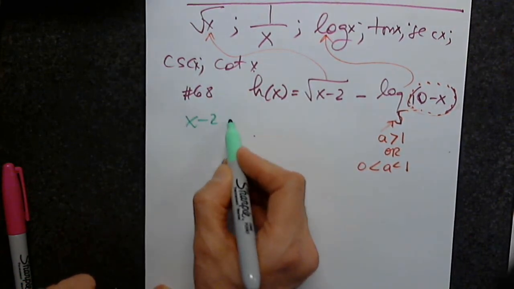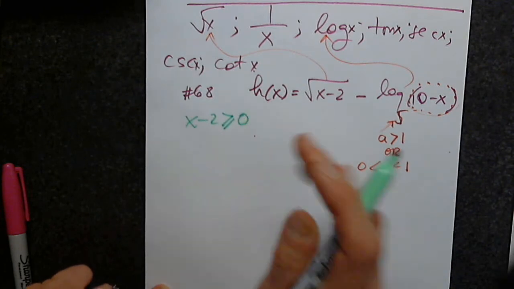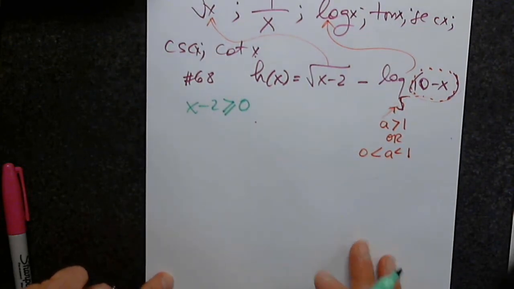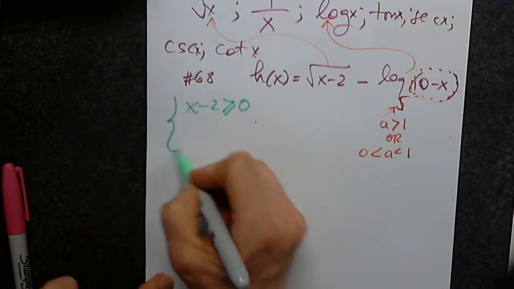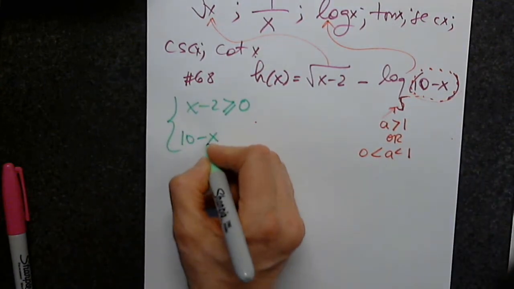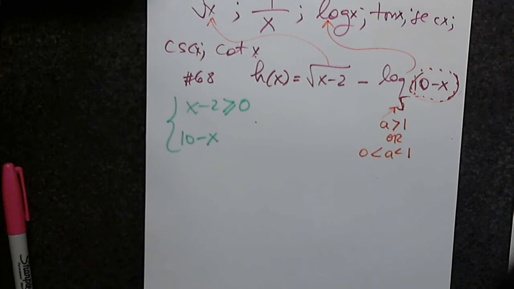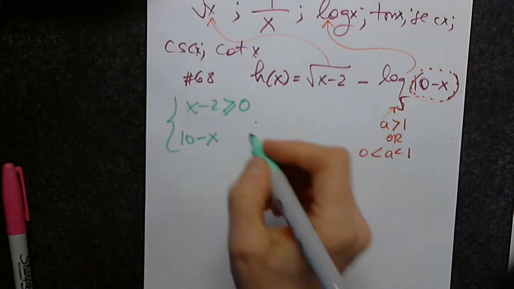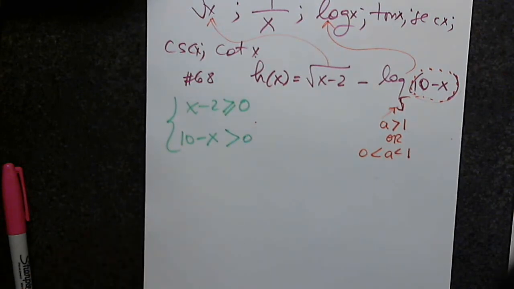x minus 2 is greater than 0, or equal to, because I can take the square root of 0. But here, log applied to 10 minus x. What should 10 minus x be? Exactly. Why can't I write greater than or equal to 0?